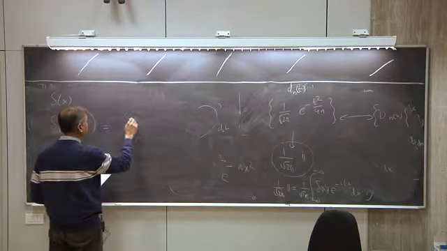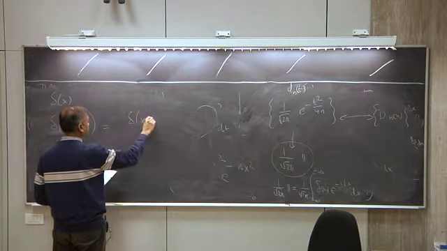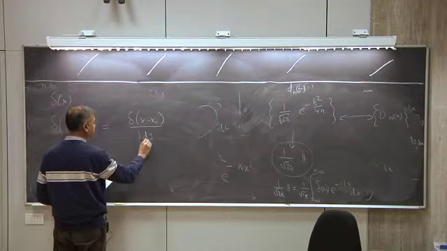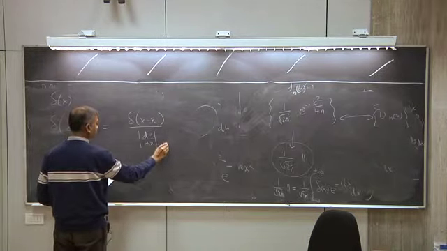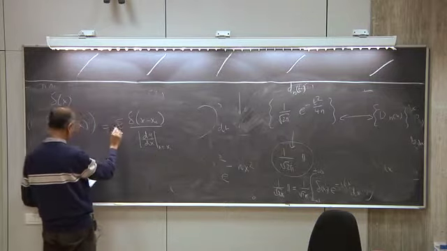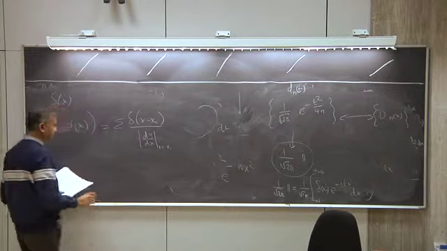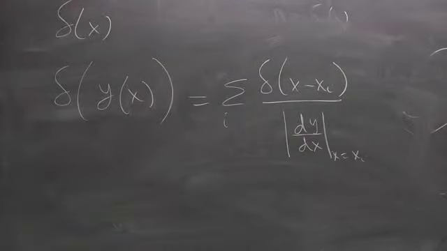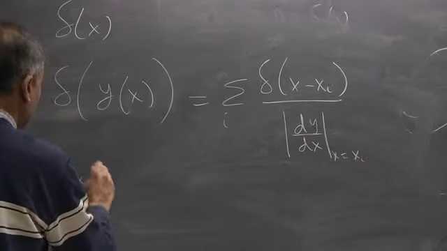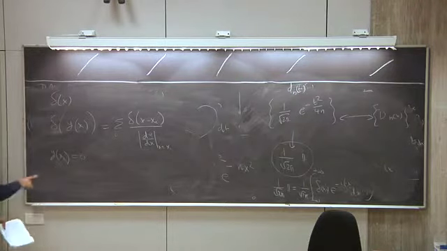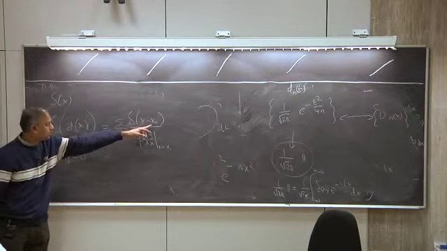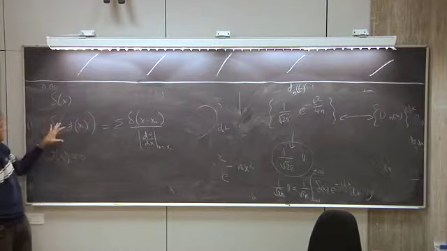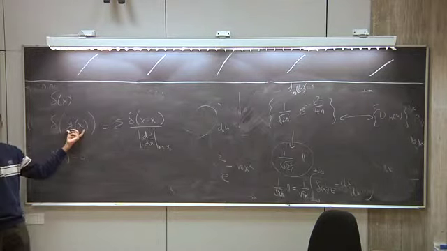I will just write down the equation: delta of y of x is equal to the sum over i of delta of x minus xi divided by the absolute value of dy by dx at x equal to xi. And what are the xi's? The xi's are the roots of this, so y at xi equals 0. That's the definition of xi. So xi's are the set of all those points where y vanishes. After all, this is going to give contribution only when the argument vanishes, right?